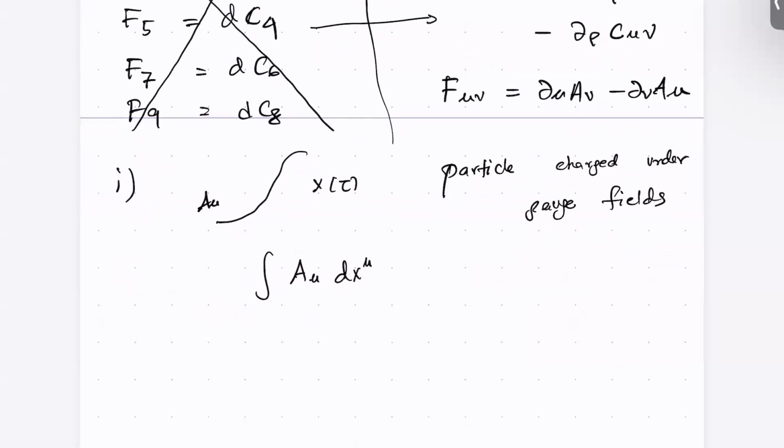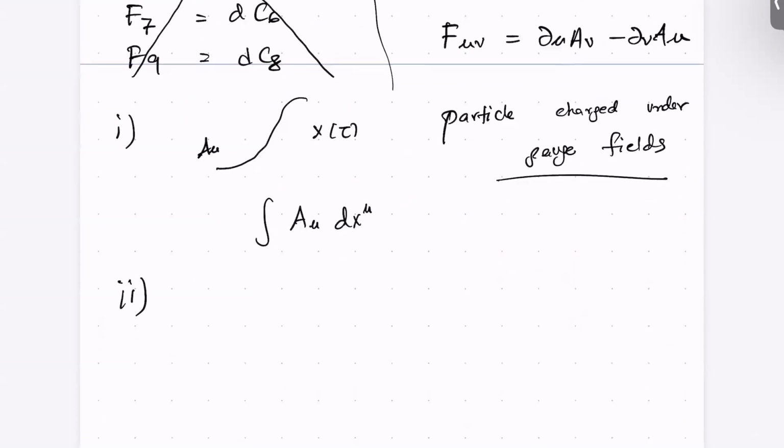So a particle... You may be a bit rusty on this, but you should have seen it somewhere. Okay, if not, just look up how particles couple to gauge fields. Just Google it or ask any AI to explain it to you. I'm sure you would understand it right away.